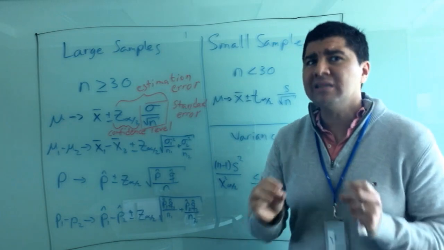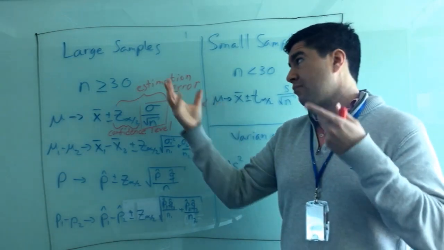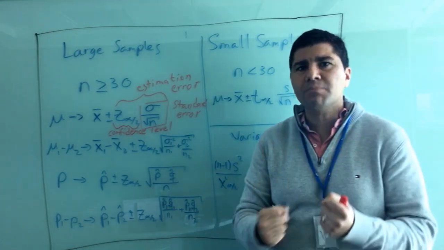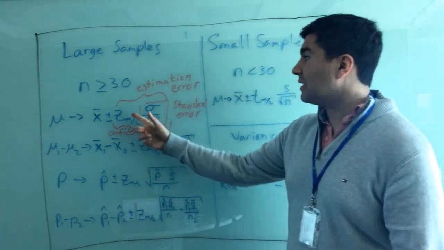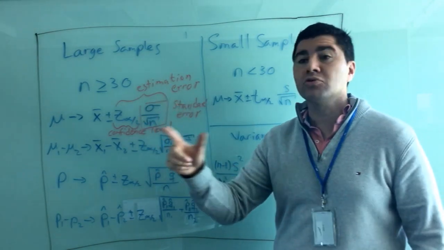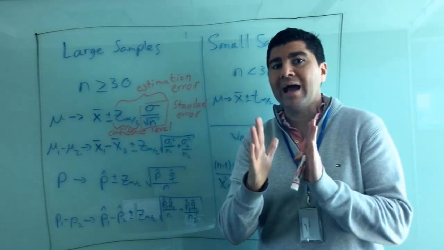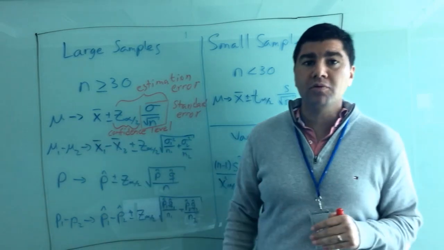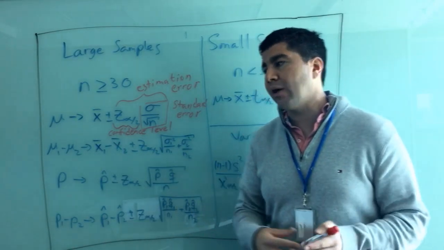The goal in every confidence interval is to have the best possible approximation, and that requires the estimation error to be as small as possible. So we're going to see that in every one of these formulas we have these two elements.